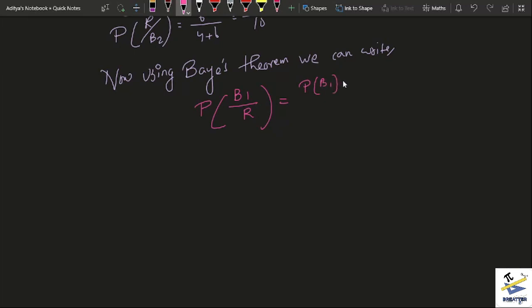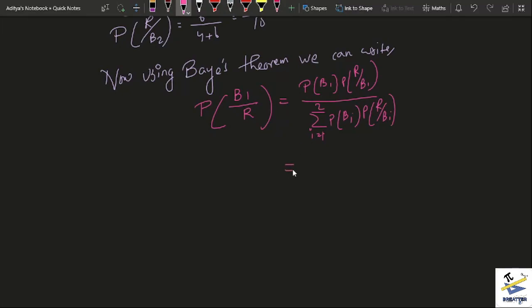Bayes theorem says that we need to write it as probability of B1 into probability of R by B1, divided by, there are two events in total in which R can occur, so the sum over i equals 1 to 2 of probability of Bi into probability of R by Bi.